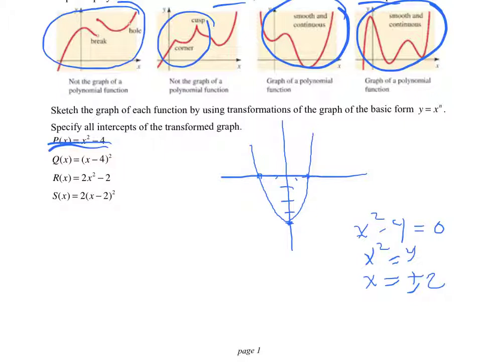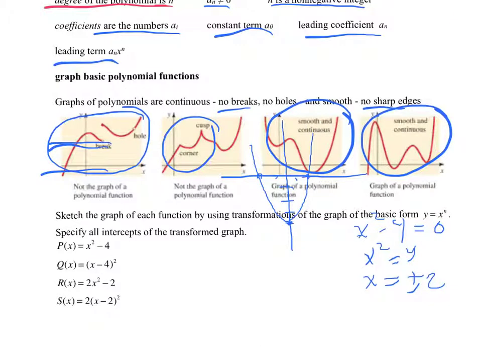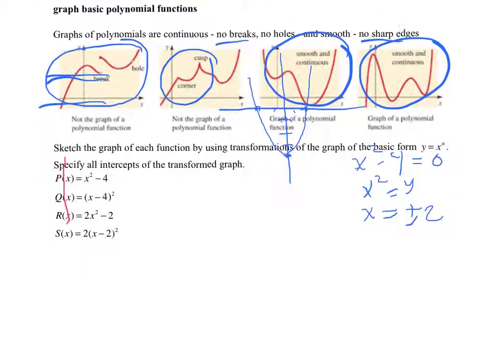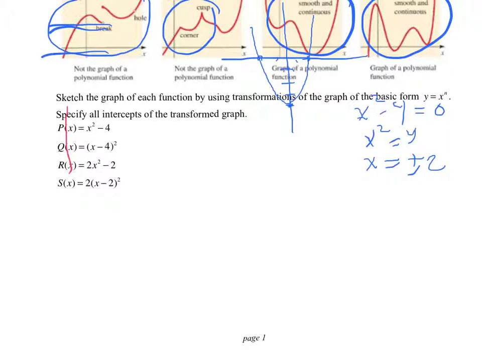Now q of x, which is x minus 4 squared, is a different kind of shift. Sorry about that. I don't know what I did there, but anyway, q of x, x minus 4 squared.